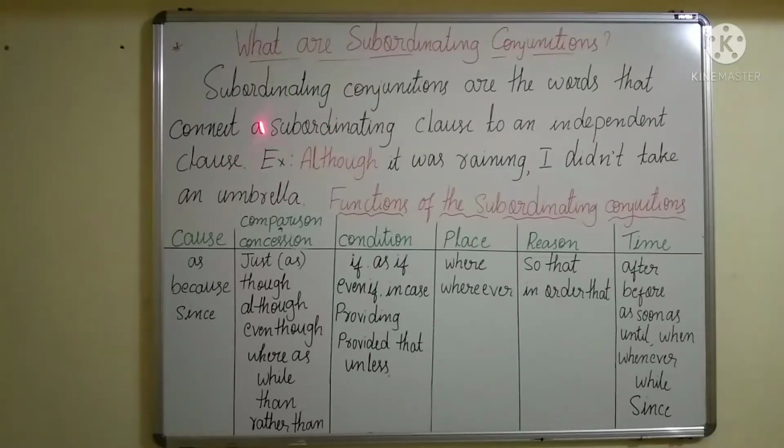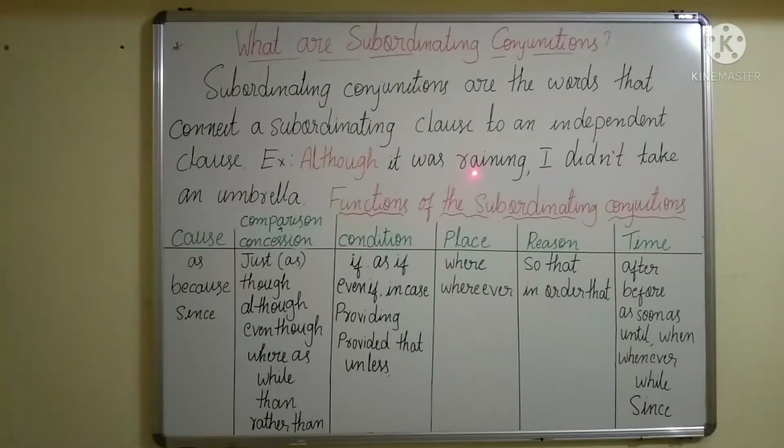Now I will show you with an example. Here is a sentence: Although it was raining, I didn't take an umbrella. If you go through this sentence, you can notice that this is called a subordinating conjunction: although, which is written in red color, and I have used this at the beginning of the sentence.